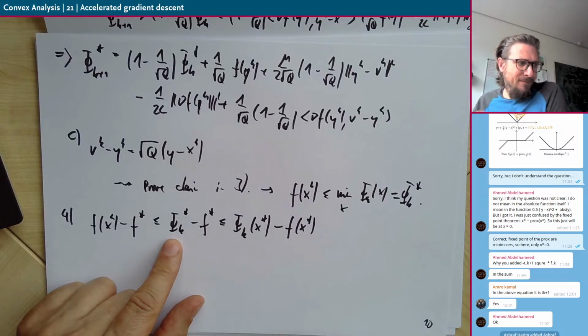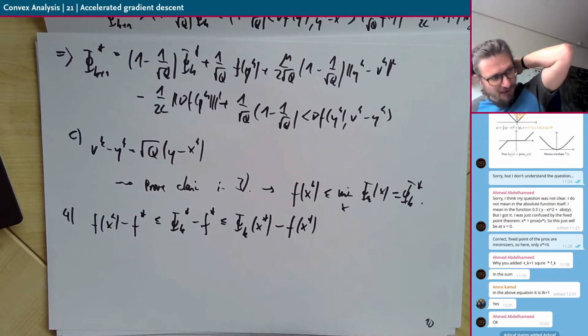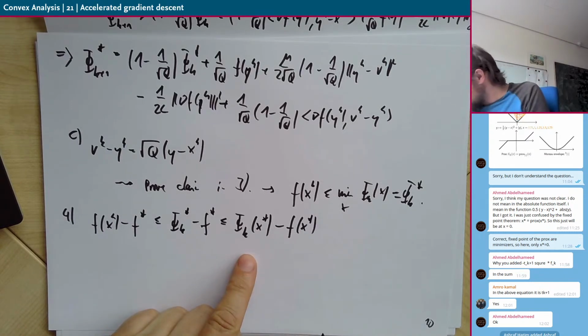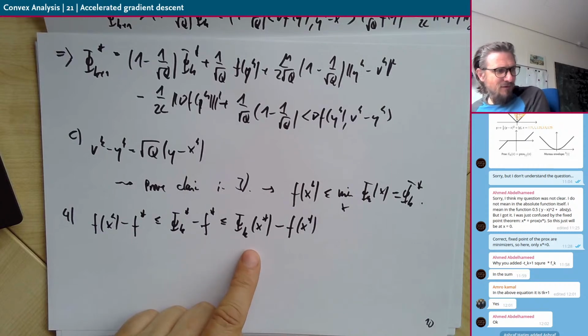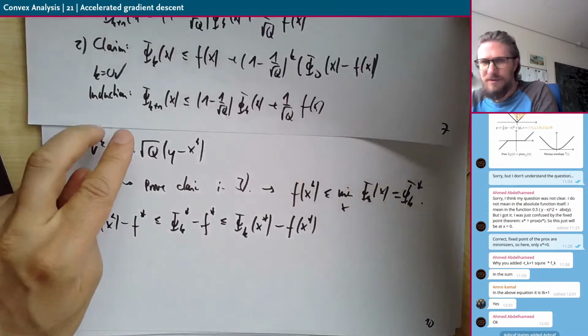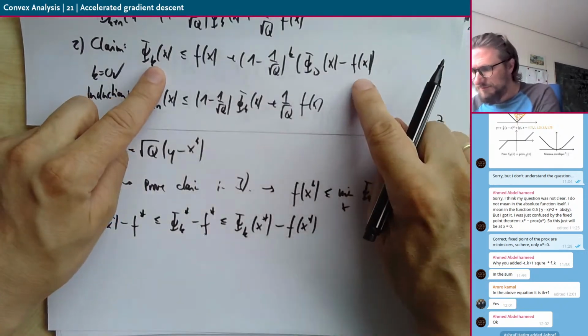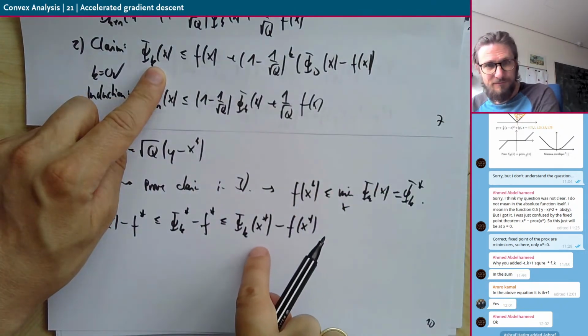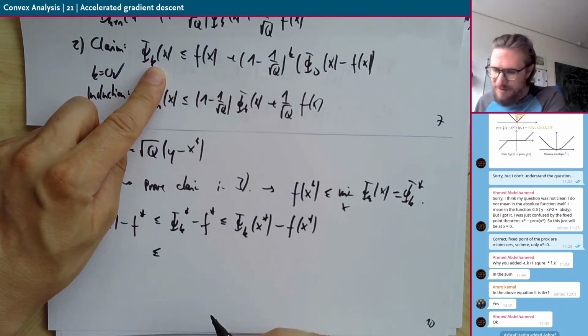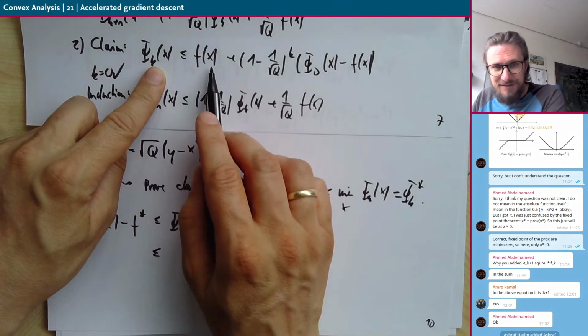But for the phi_k, we know from step 2 a recursion that we can estimate this from above. So this was claim 2 actually. We now use this in here, so we estimate, make it still larger, and plug in x equals x star.